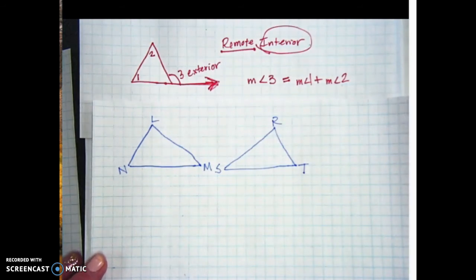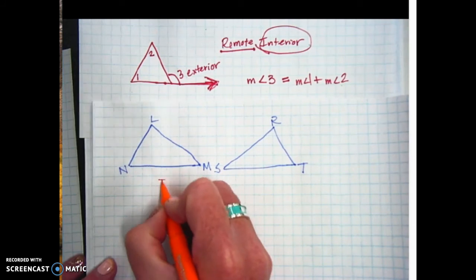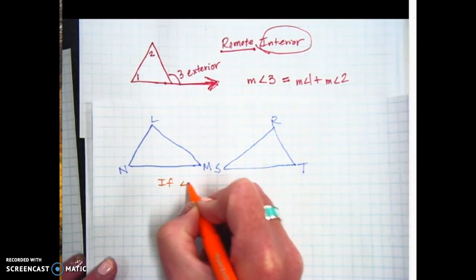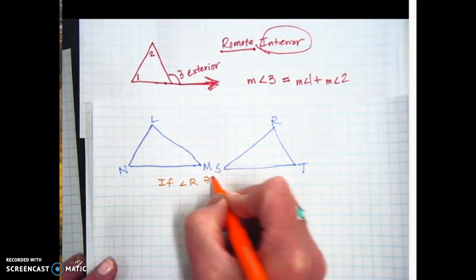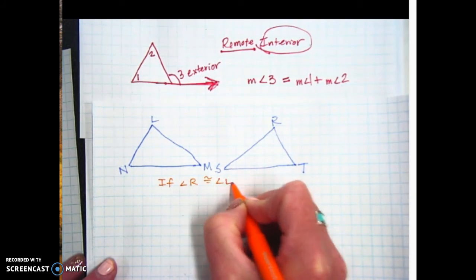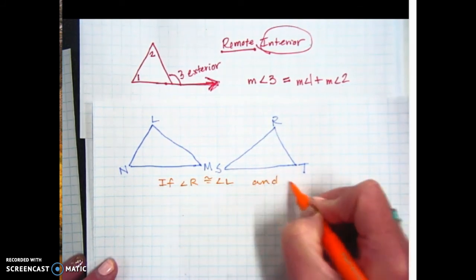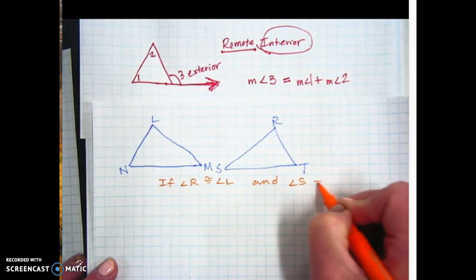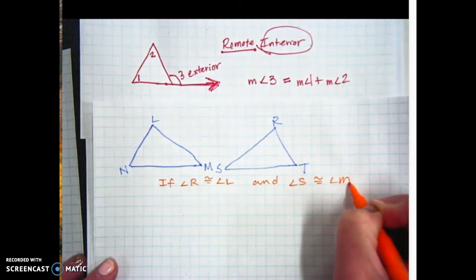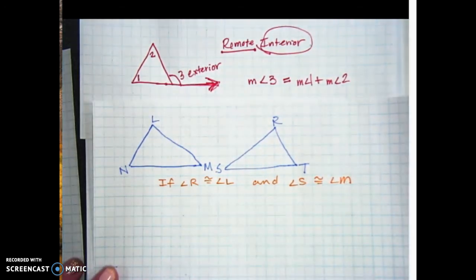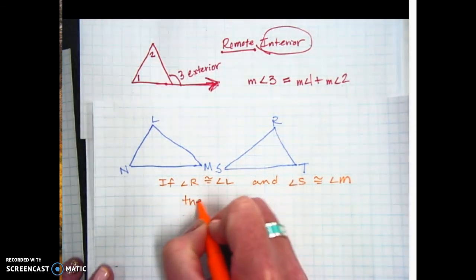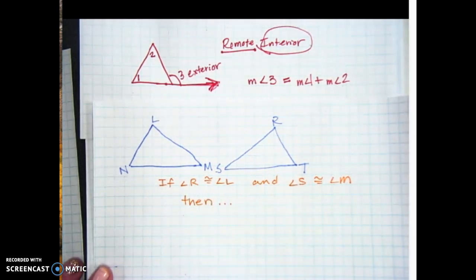And this theorem says that if angle R is congruent to angle L and angle S is congruent to angle M, then something special is going to happen. So we'll put a dot, dot, dot.